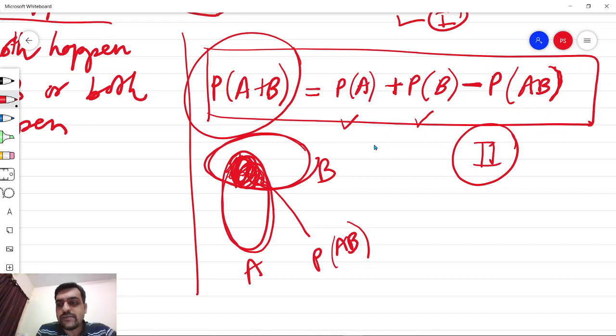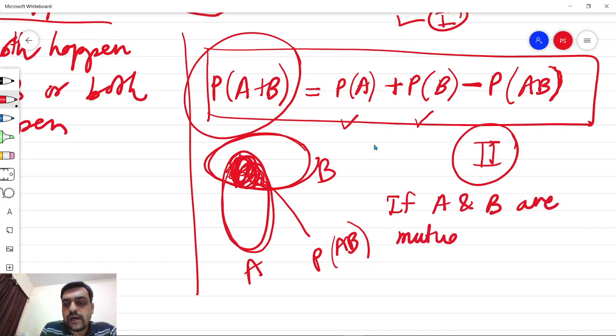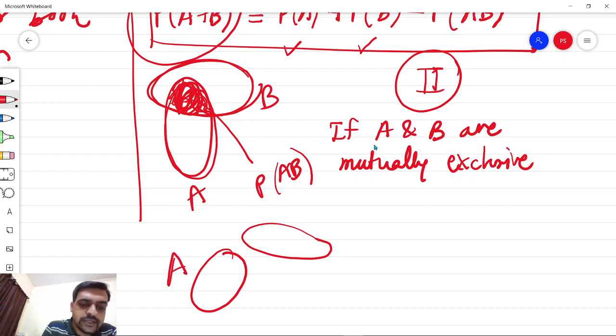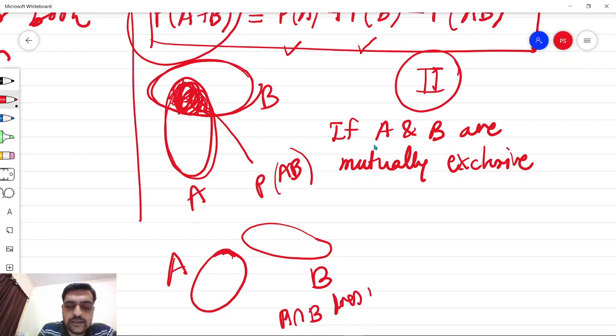Now in this case as well, there is a special case. If events A and B are mutually exclusive, that is, they do not have anything in common. So using a Venn diagram, we can show it like this. A and B are completely, or we can say, mutually exclusive. So A intersection B part does not exist.